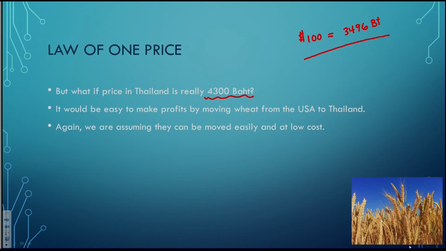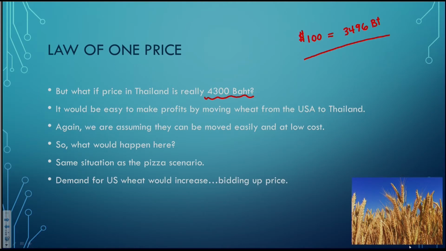So we're really getting a higher price in Thailand for wheat than we'd be getting in the United States. So let's put our wheat on a boat, ship it to Thailand, sell it there. Well, what would happen in this scenario? Let's think through that. It'd be the same situation as the pizza scenario.